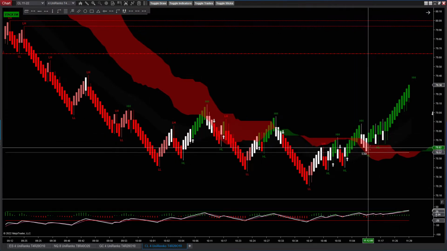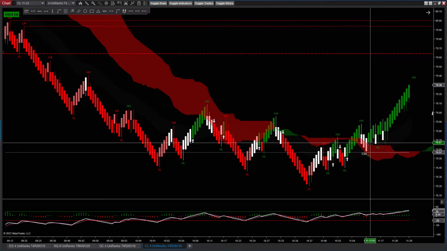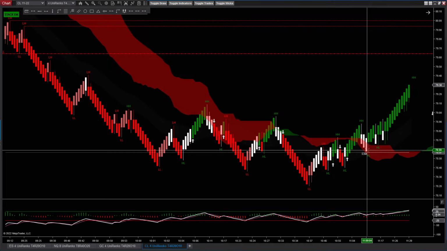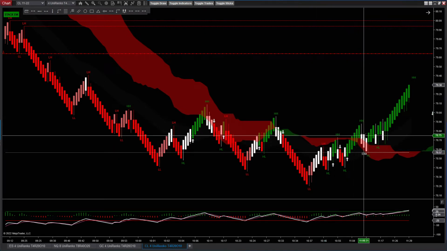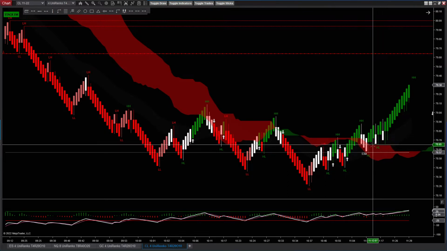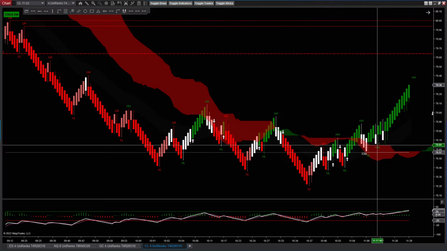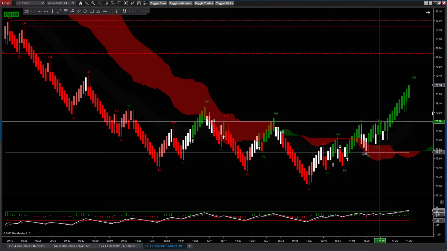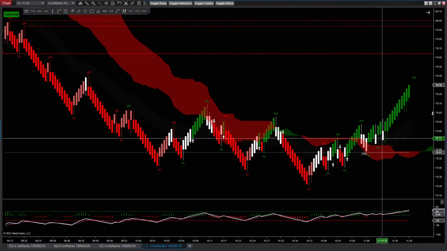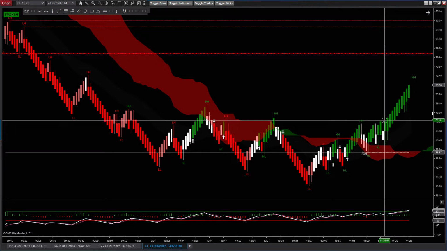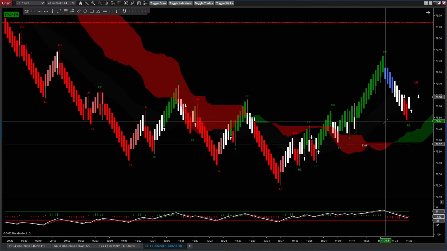There's a wick out of the cloud right there, even though it's red. It's a wick out of the cloud. Went inside, in this case is making a reversal and goes up. Now it's a little bit noisy here, so probably you would be stopped out, but then you would try to enter again. Once there, you failed, and then you have another entry. So the third time probably would work if you are persistent.